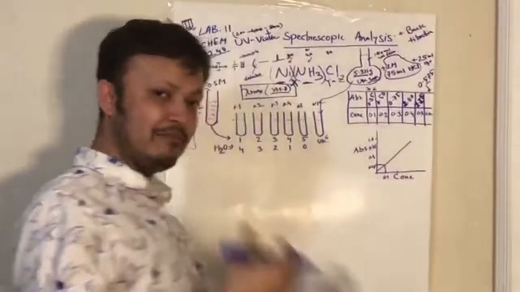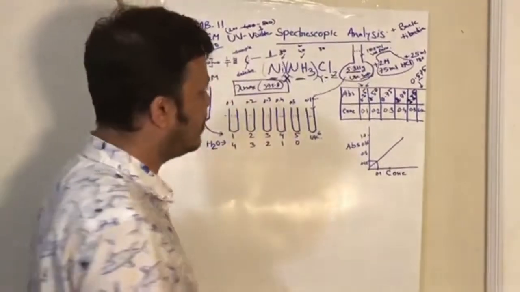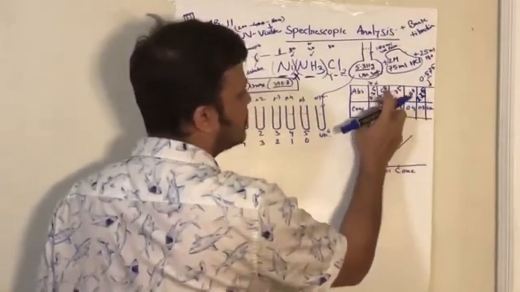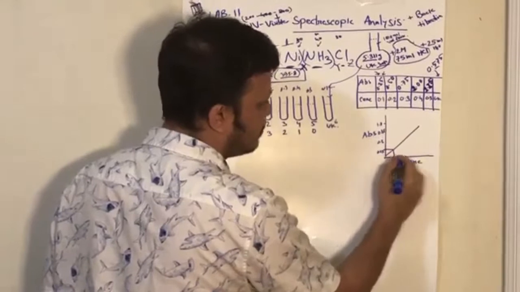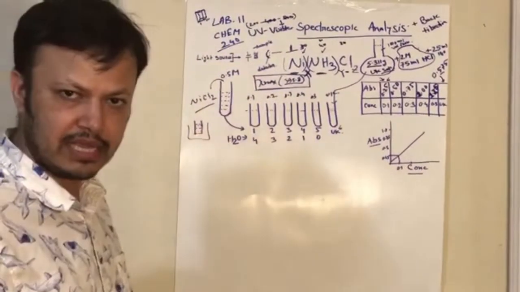And then the same way you are going to put in the unknown, and you got 0.575. By using all this data, 1, 2, 3, 4 and 5, you are going to plot an absorbance versus concentration plot.